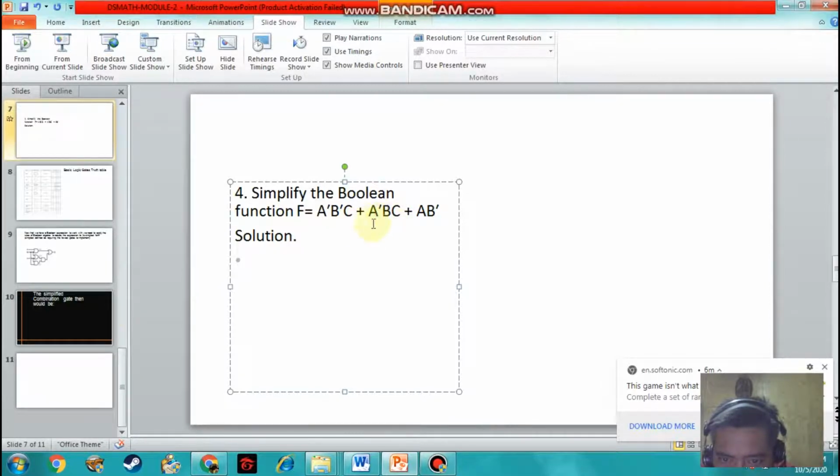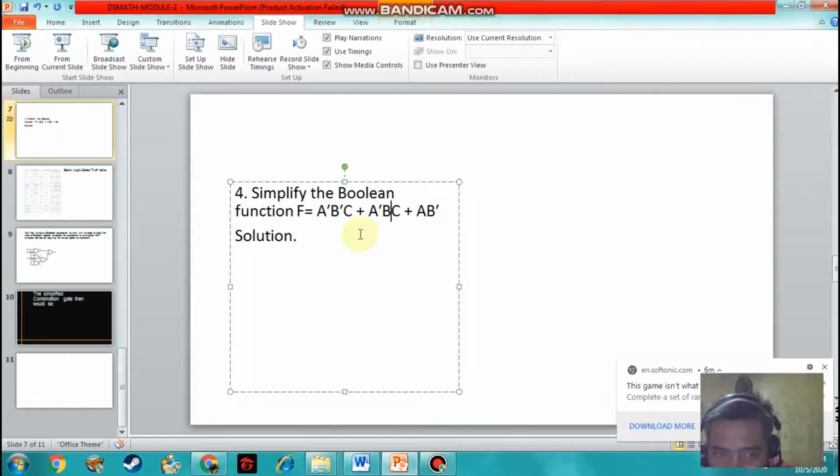A prime B, makamukha A prime, wala. AB prime, wala. A prime B meron. So, anong common na makikita natin? C. Common.